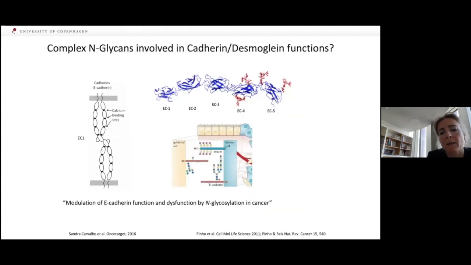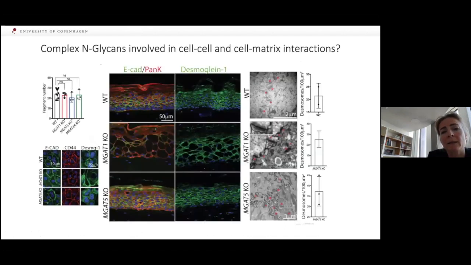So it's been speculated before that in cancer, complex N-glycans are involved in cadherins and desmogleins. But the previous studies have been done with point mutations, where you completely abolish N-glycans, and as I said before, they are very important for protein folding.